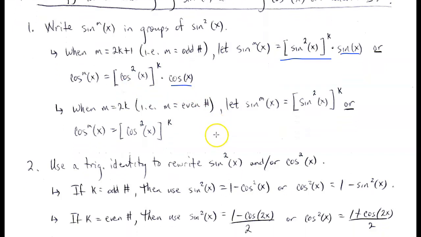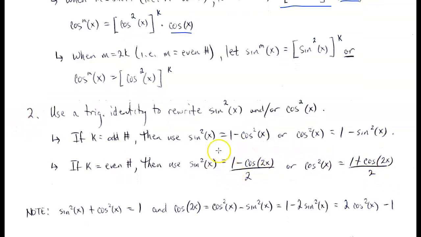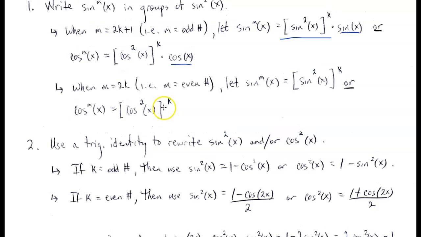So that's what step 2 says. When we do that, if we replace sine squared with 1 minus cosine squared and cosine squared with 1 minus sine squared, then we can essentially just use substitution.